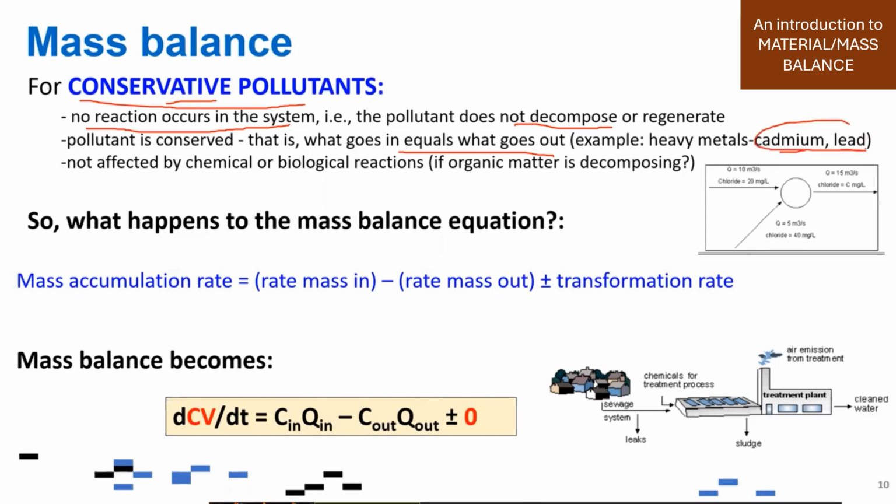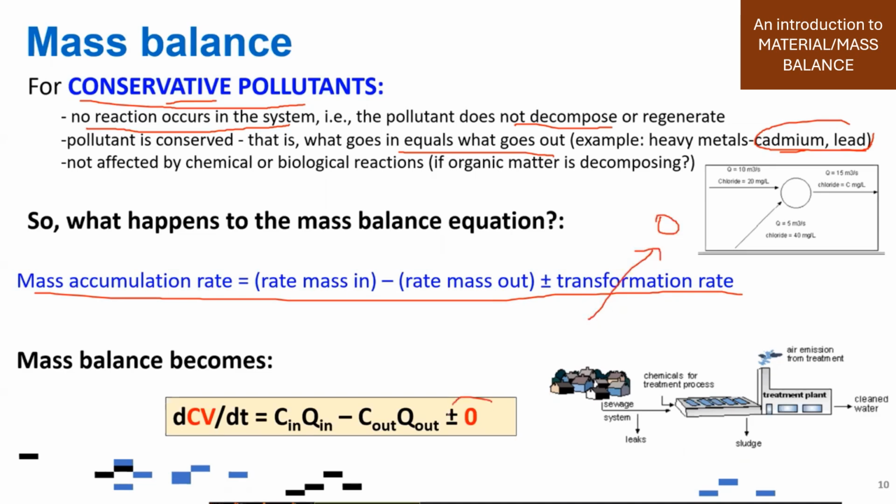These are considered conservative materials or conservative pollutants. So if we are talking about a conservative pollutant, what happens to the mass balance equation? As we know, this is the mass balance equation. If we are dealing with a conservative pollutant, it means there is no reaction. So this part here becomes zero. Now the transformation rate is zero.